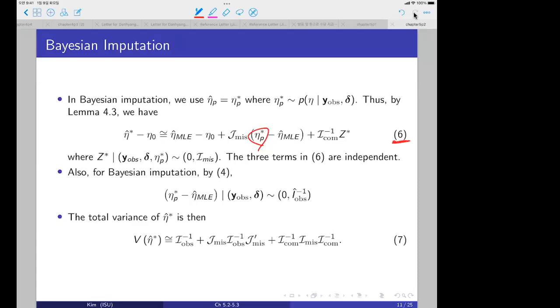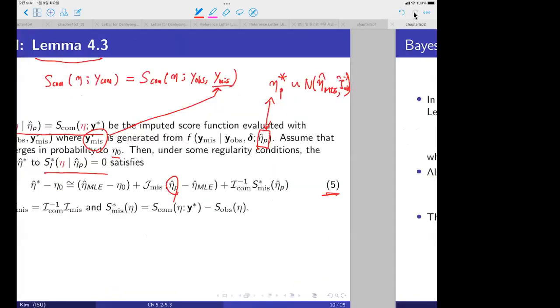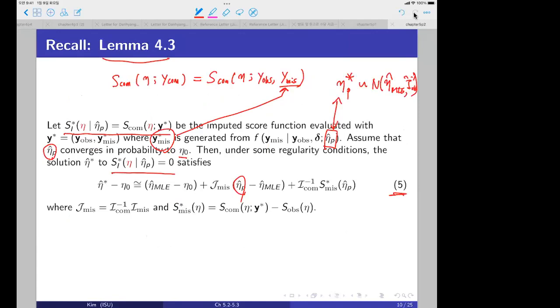So let's think about what's going on here. Remember, the first term is the genuine, the most efficient part.